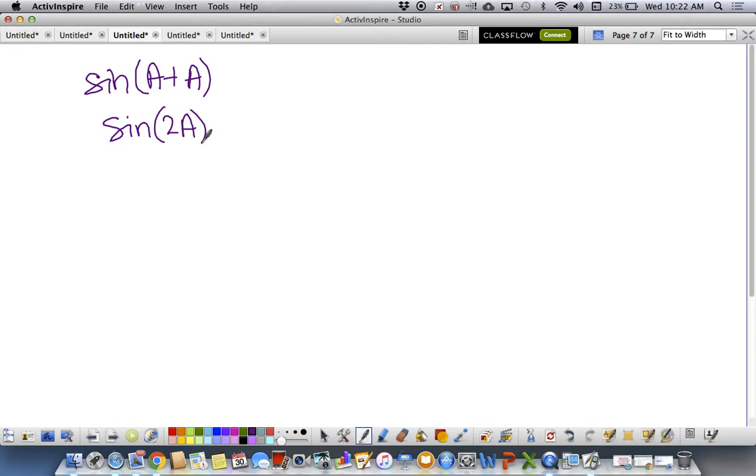How's our long formula? It's going to be sine, cosine, right? So we have sine A, cosine A. Do we have a plus? Yes, we do. Sine A, cosine A.